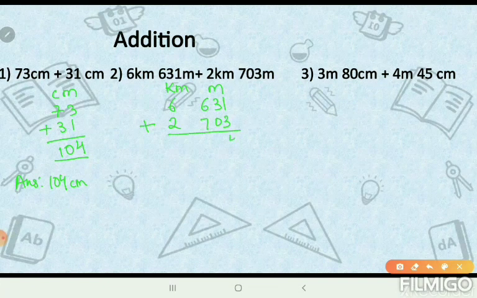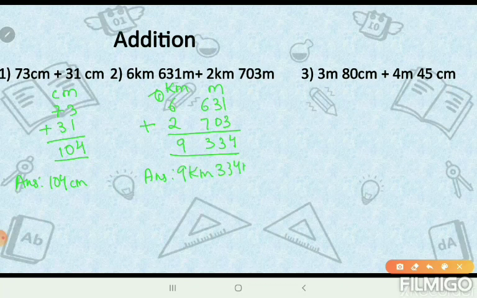So 1 plus 3 is 4, and 3 plus 7 is 10... 13... So here 6 plus 7 is 13, 3 stays and 1 will go, because it came to the thousands place, so 1 will go to kilometer. So 6 plus 2 plus 1, you get 9. So what is your answer? Your answer is 9 kilometer 334 meter.